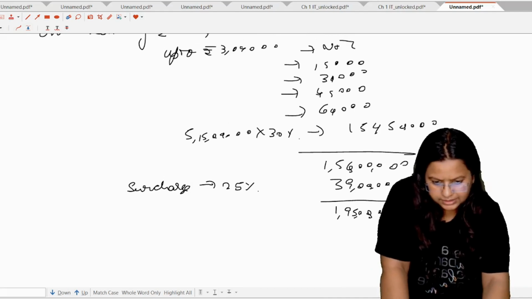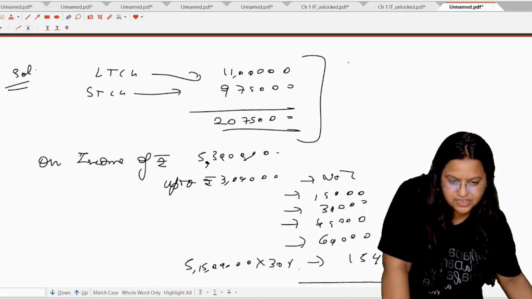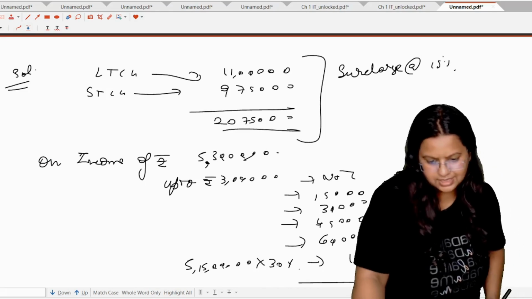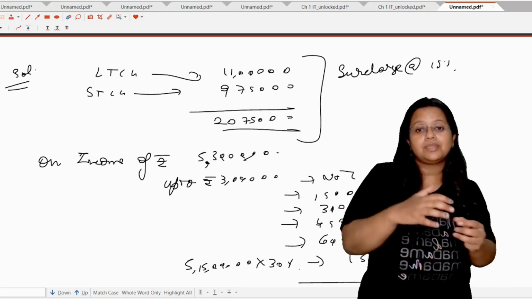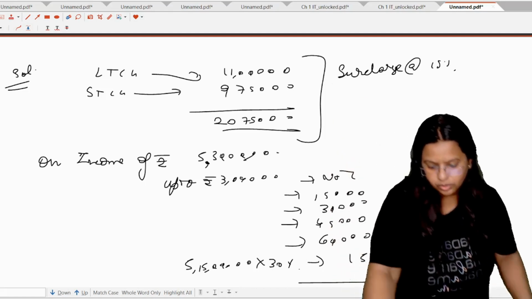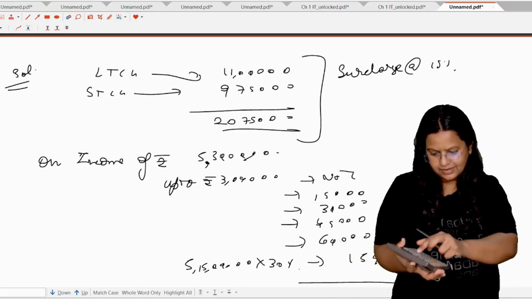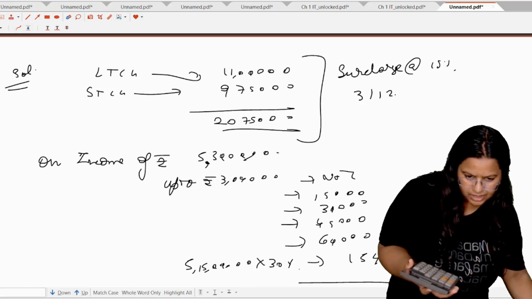Now, on the tax liability of this LTCG, what shall be the surcharge rate? On this, surcharge rate shall be 15%, because in this case, on the LTCG and STCG, if the other income is exceeding 2 crore, the surcharge rate is 15%. Apply the surcharge rate. 20,75,000 multiplied by 15% is 3,11,250.